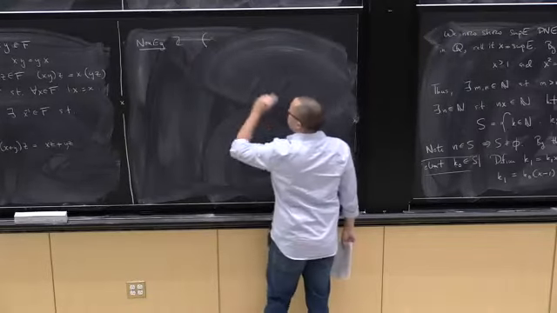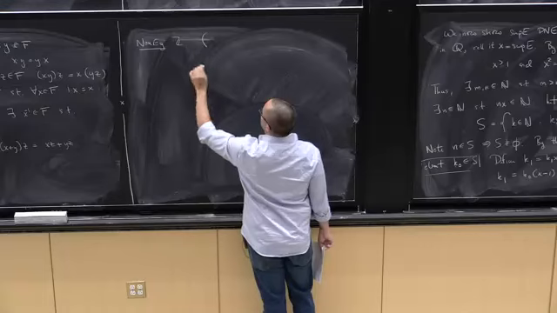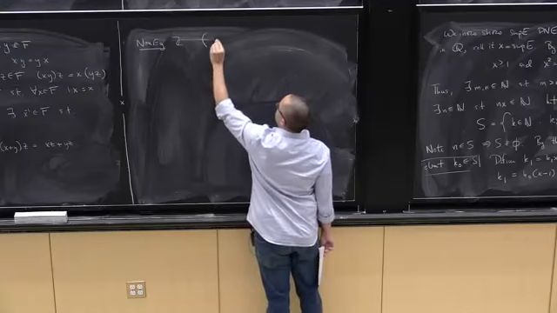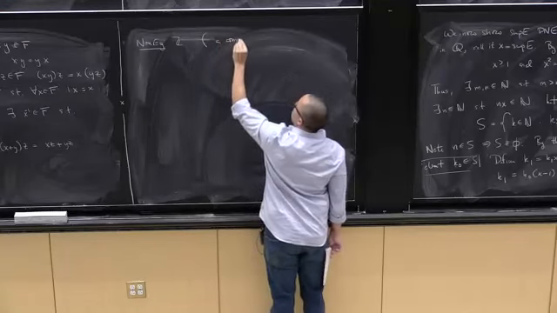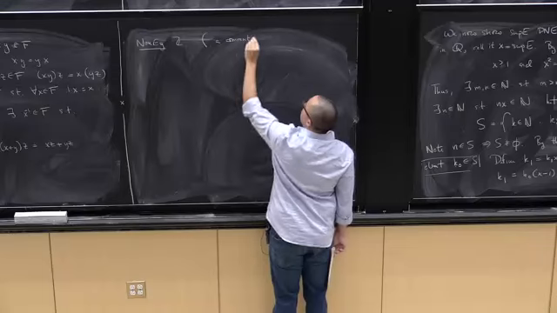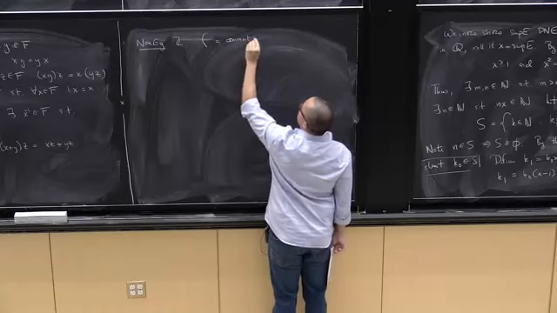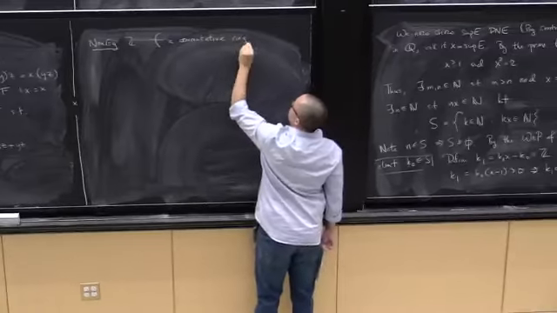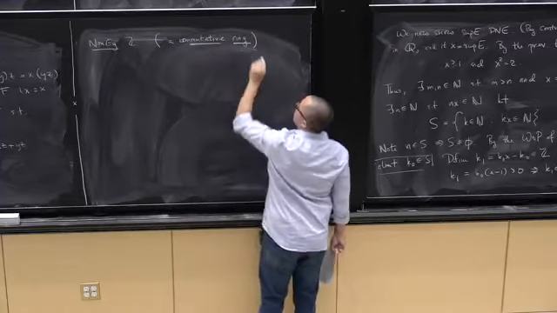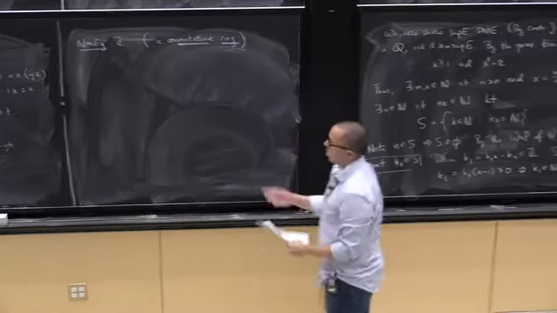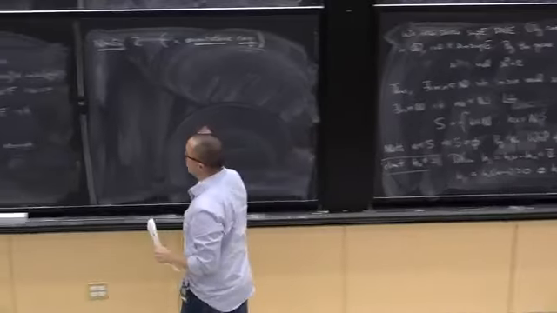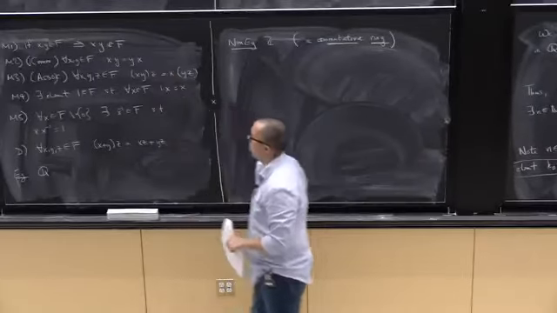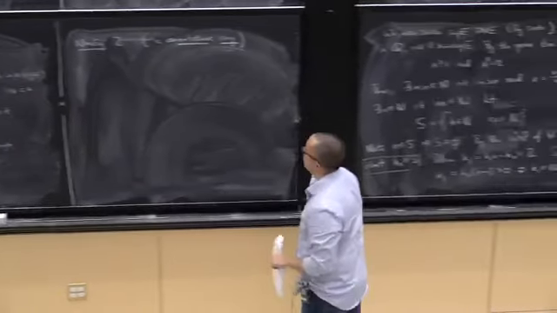And typically, one would call Z a commutative ring. Commutative because multiplication is also commutative. But a ring in general does not necessarily have to satisfy multiplication being commutative.